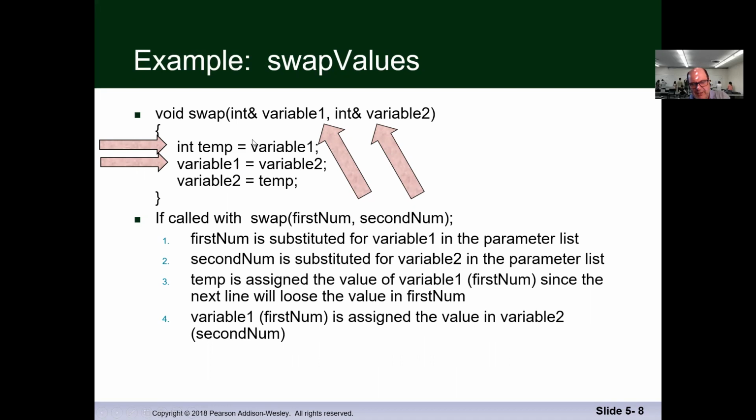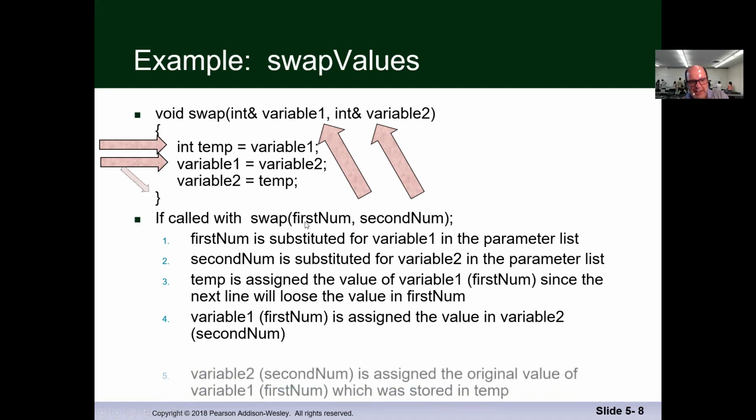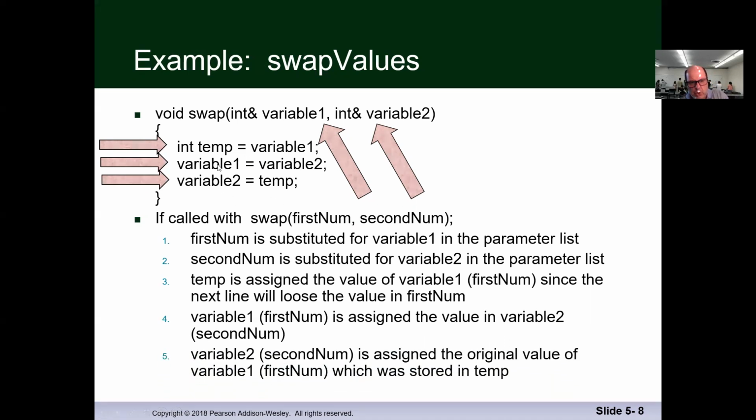We save the value of variable 1 because if I didn't have a temp, then the content of variable 1 is deleted. We're putting variable 2 on top of variable 1. That's why we keep it in the temp, and then we put the temp back in variable 2, and that is how we swap them. So we put one of them in the temp, we put the second one on the first one, and then temp back in the second one.